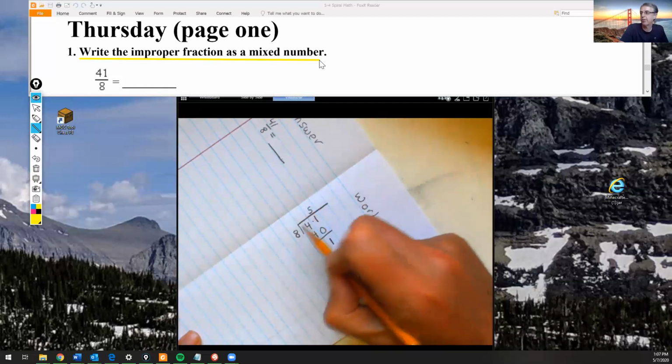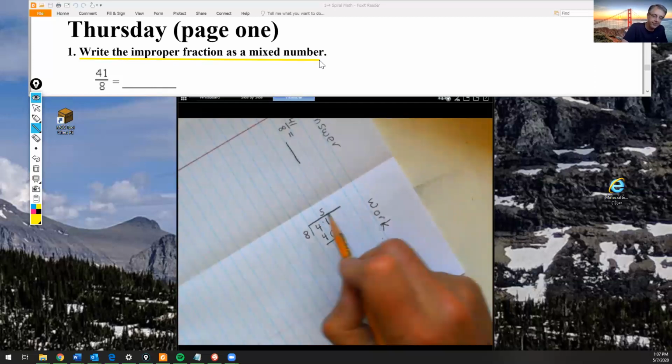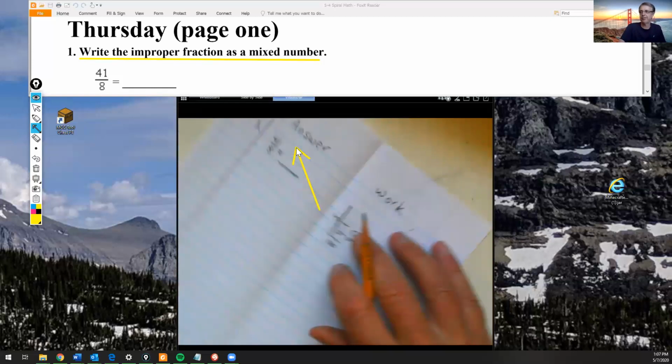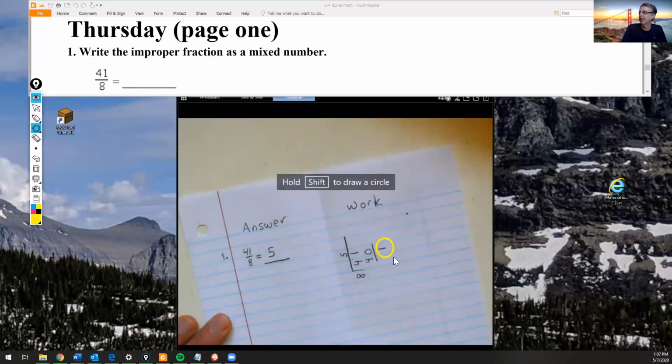The 8 becomes my whole number. Oh no, let's back that up. The 5 becomes the whole number. So I'll put that right over here as my whole number, 5. The 1 is my numerator for the fraction.